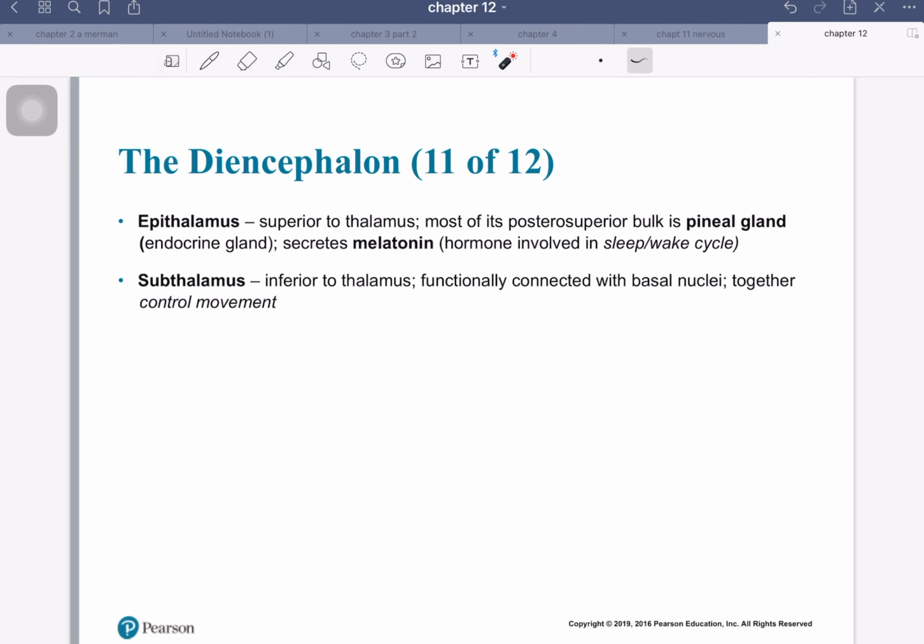The epithalamus, okay, epi, above, on top, is superior to the thalamus. And most of that is made up by the pineal gland. The pineal gland is associated with the endocrine system, and it secretes melatonin, which has a role in the sleep-wake cycle. And then there's the subthalamus, and it is functionally connected to the basal nuclei.